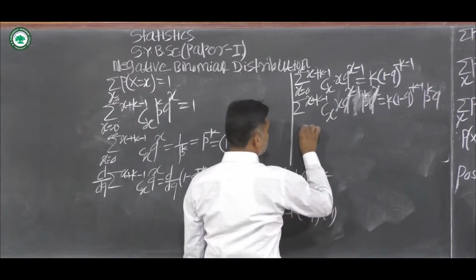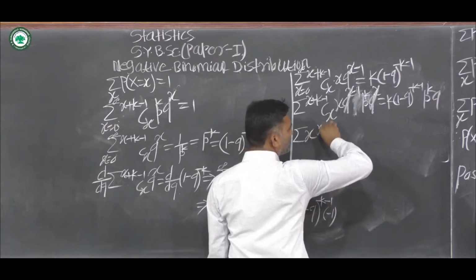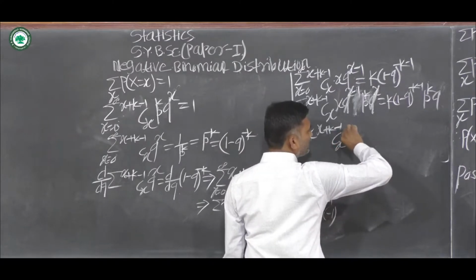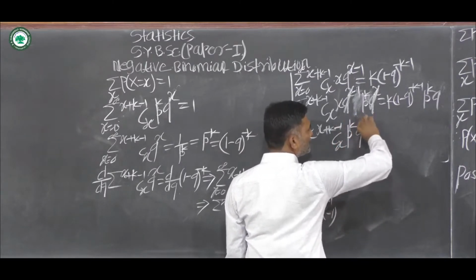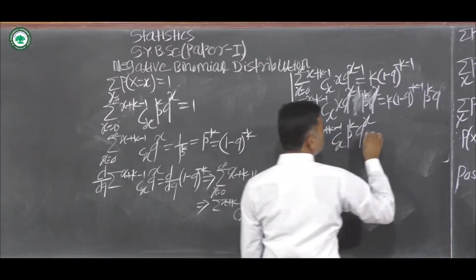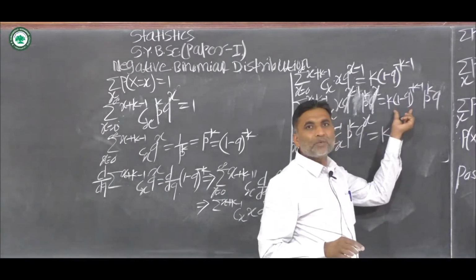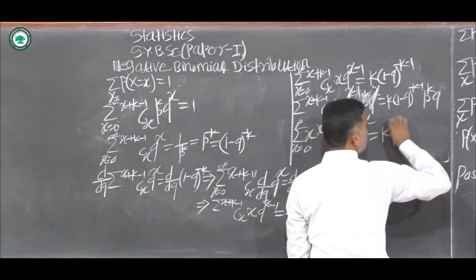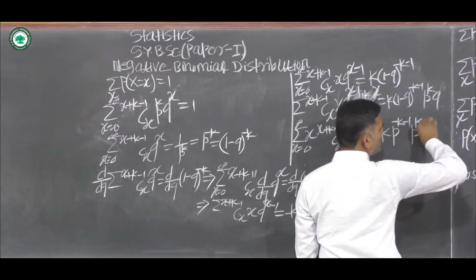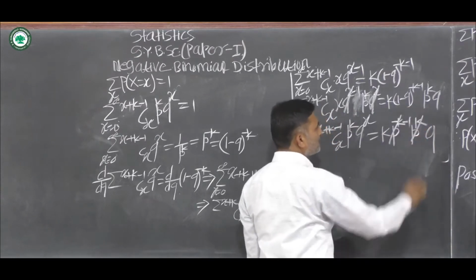Now this can be written as the summation of x into x plus k minus 1 C x into p raised to k into q raised to x, summation over x running from 0 to infinity, which is equal to k into, 1 minus q is equal to p, therefore p raised to minus k minus 1 into p raised to k into q. Here p raised to minus k and p raised to k get cancelled.